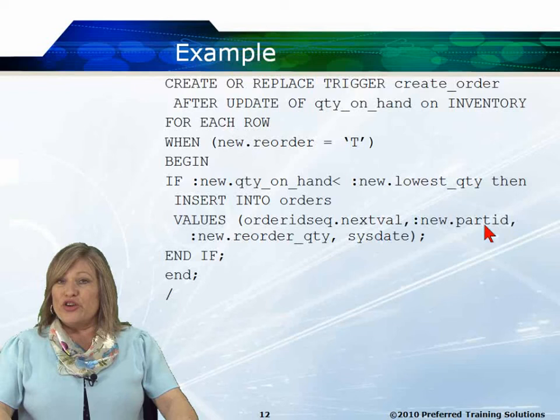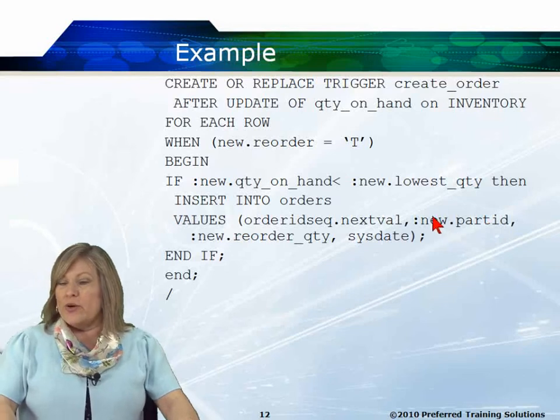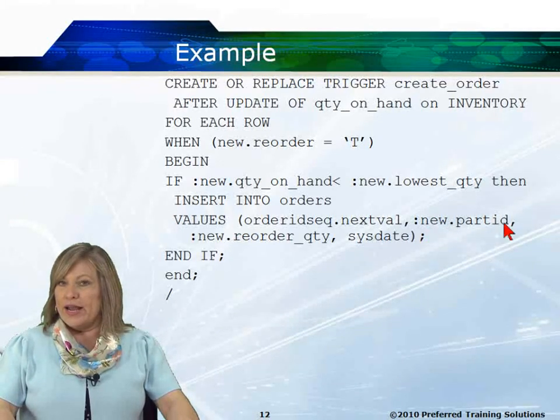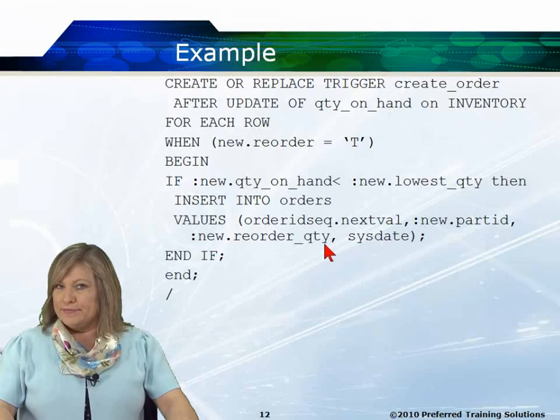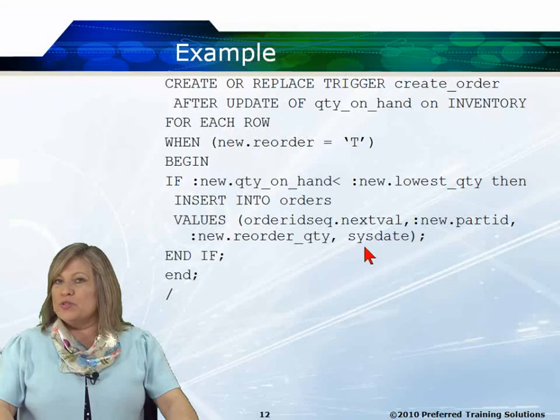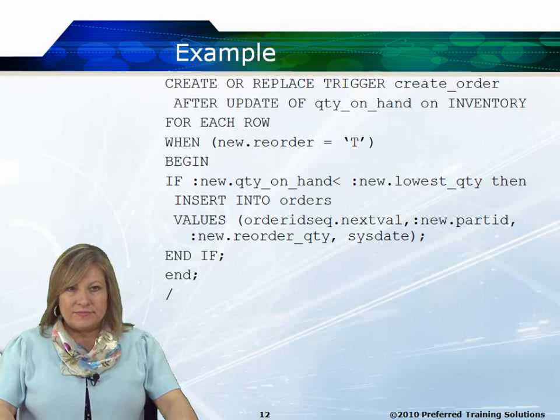I'm going to be using the current part number from my row because I want to order the current part, so I get :new.part_id. I also get :new.reorder_quantity. And then there was a transaction date that we're also filling in. I'm simply using the variable sysdate to mean today's date.